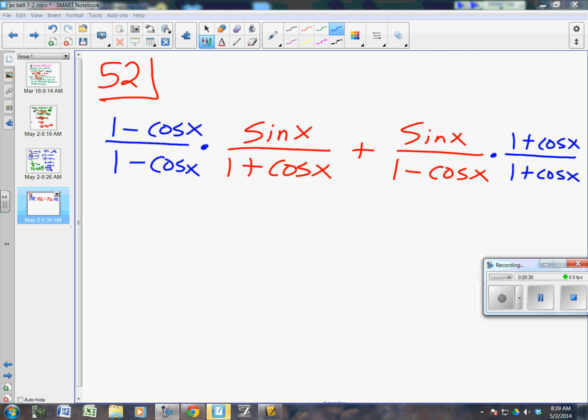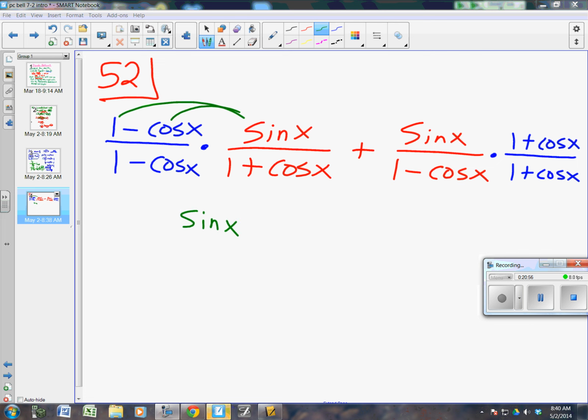You guys, anytime you see a plus sign with fractions, you got to think, get a common denominator and add these together. Combine them into 1. Okay? So, if I distribute right here, on the top, 1 times sine of x is sine of x.